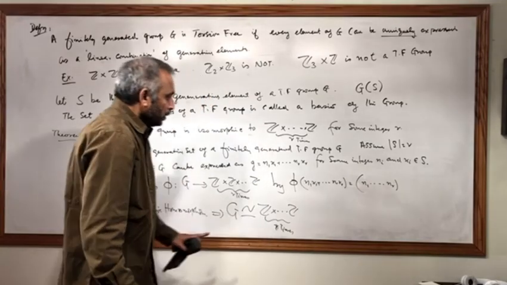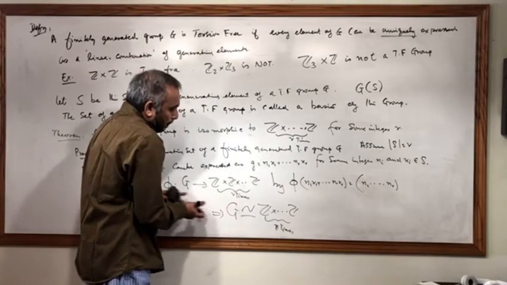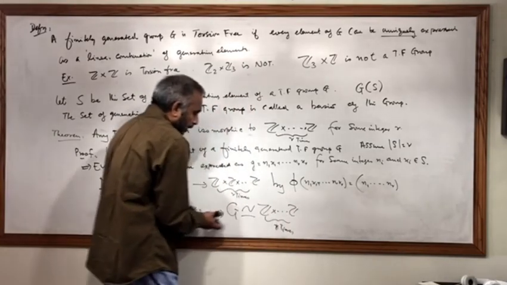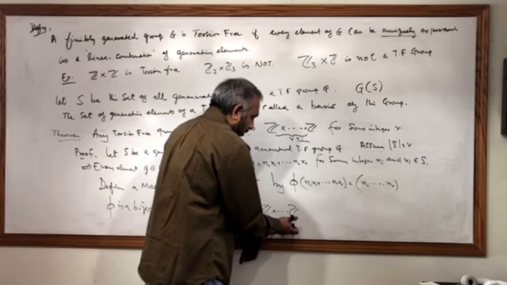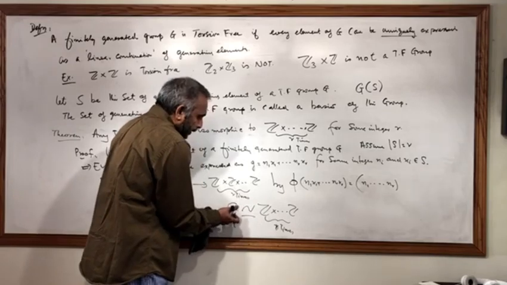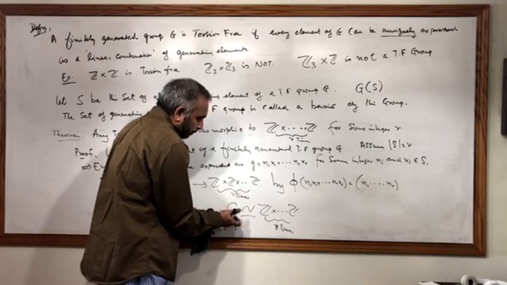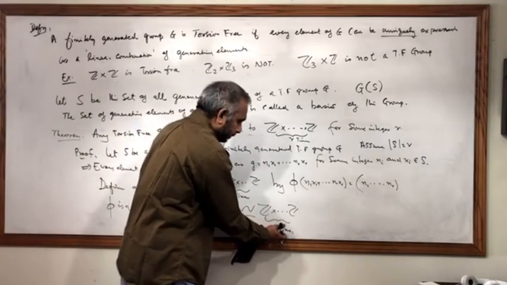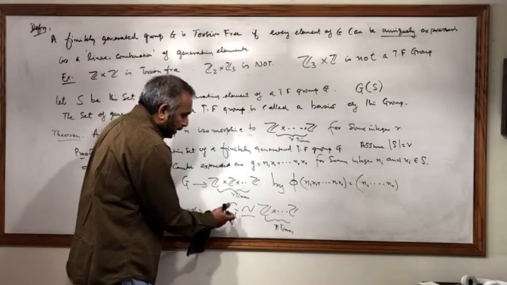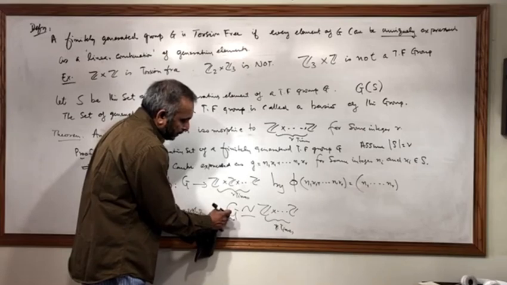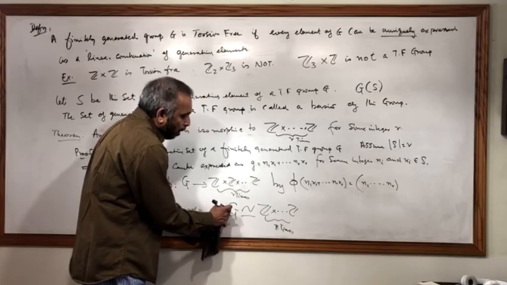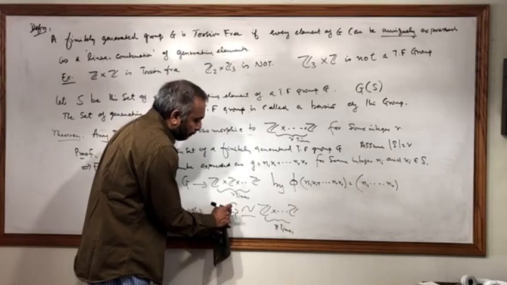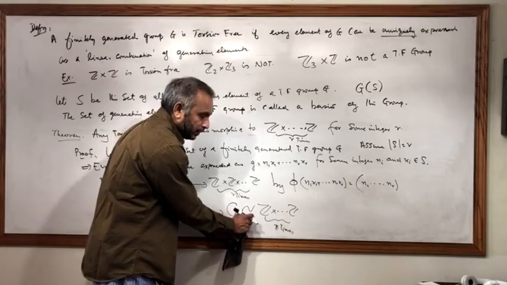Okay, so if you take another basis, that also has to be isomorphic to this. So every basis of G should contain R elements. In other words, the number of base elements of a finitely generated torsion-free group is a constant.